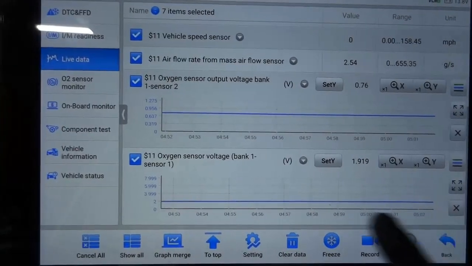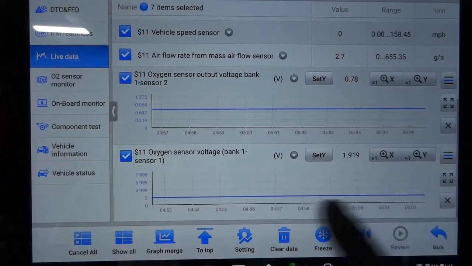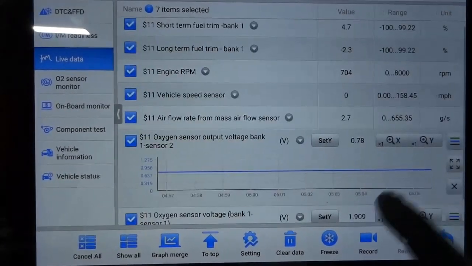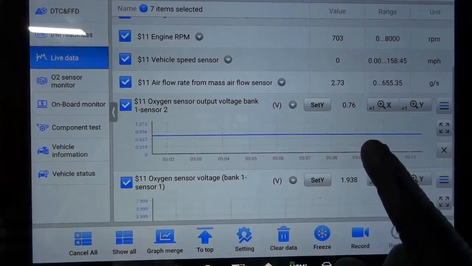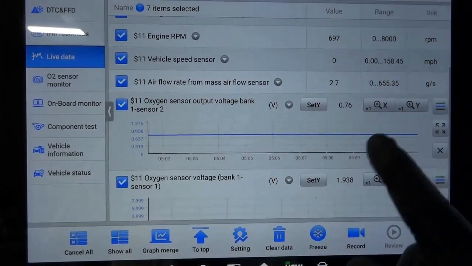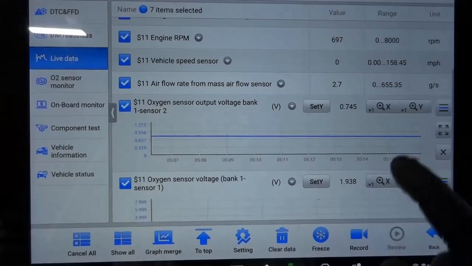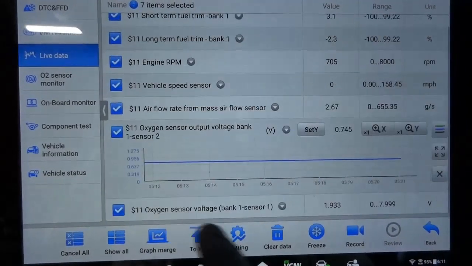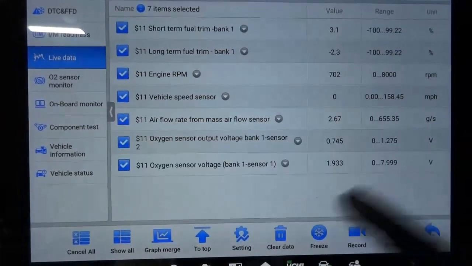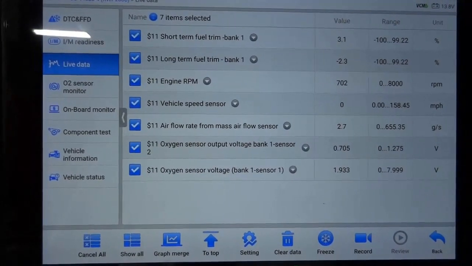So it looks like this O2 sensor is not responsive. And the second one is pretty good. A flat line on the O2 sensor after the catalytic converter is not bad, but on the first one, that's a problem. So now let's test drive this vehicle.